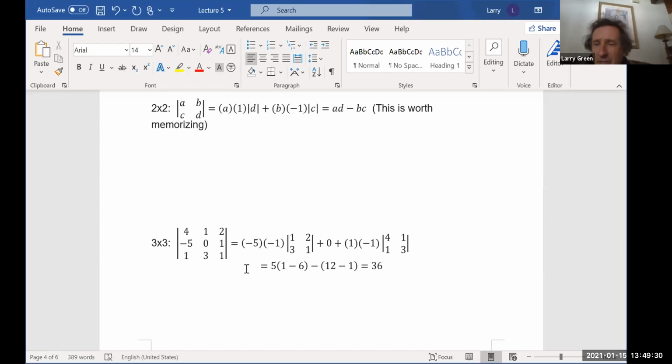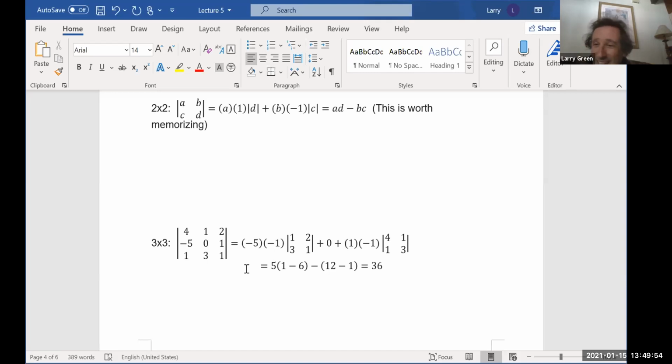So let me tell you the first step. The first step is to see if you can find the way to do it that takes the least amount of work. In this matrix, what's the easiest number of all the 9 numbers? 1. No, easier. 0.